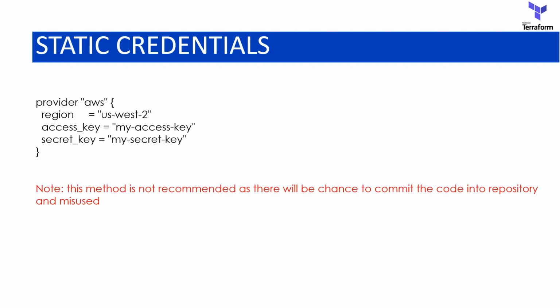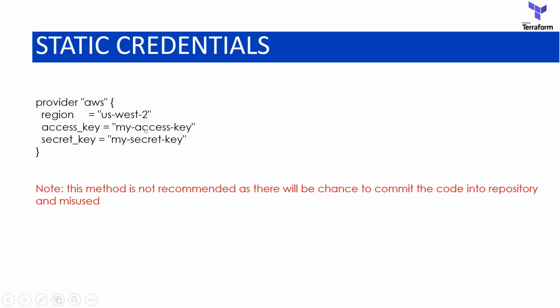Let's talk about static credentials. The disadvantage with static credentials is that you have to mention the provider and name of the provider, the region, whatever your region is, say US West 2 or 1, and then the access key and secret key. We have to provide those in this file.